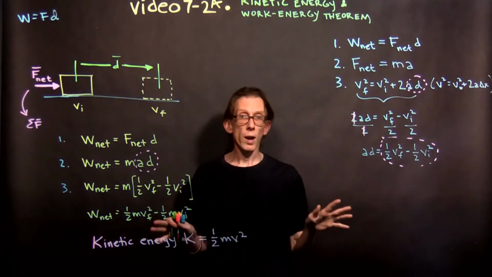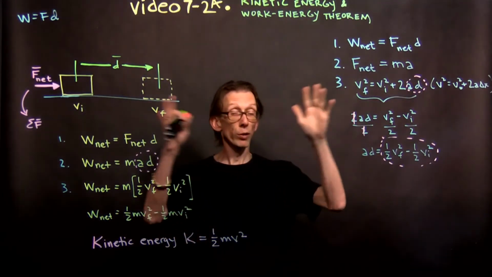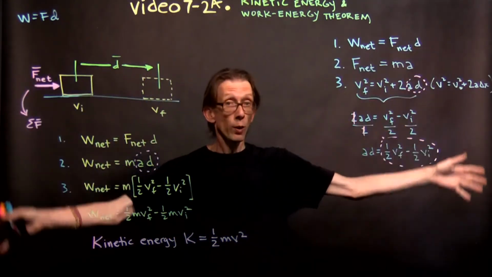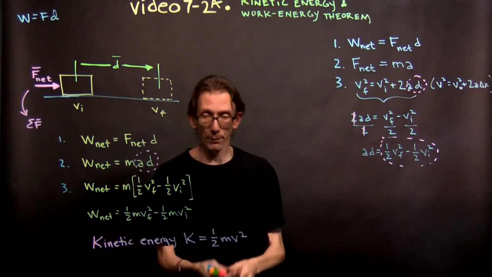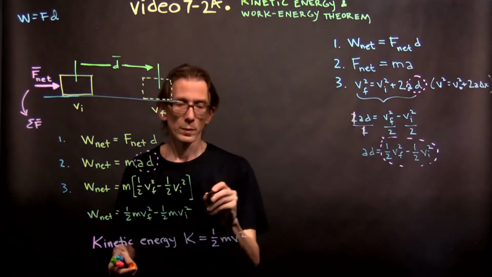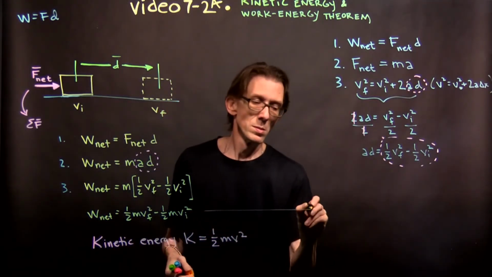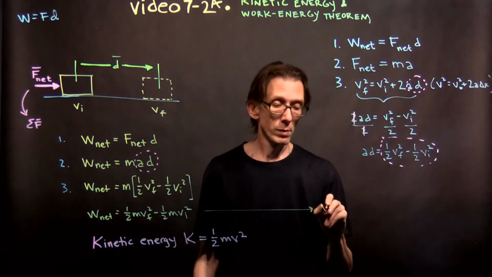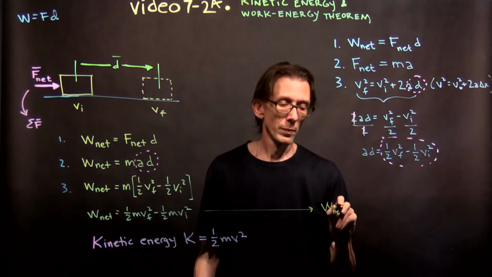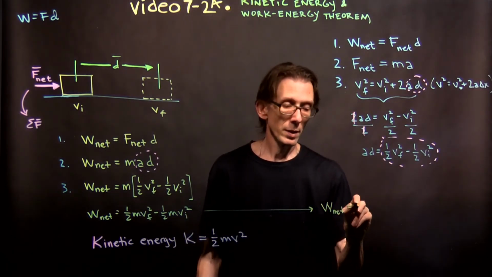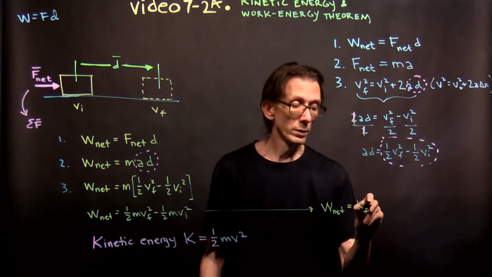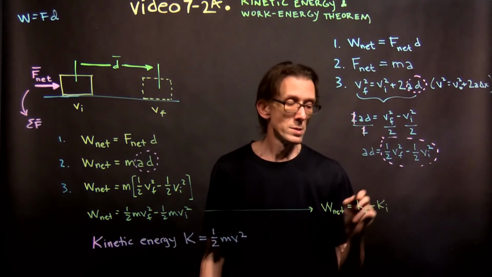Again, no reason why you think we should do this, but we are certainly allowed by the rules of the universe to define this thing. If that's the case, then we can write that work net is K final minus K initial.